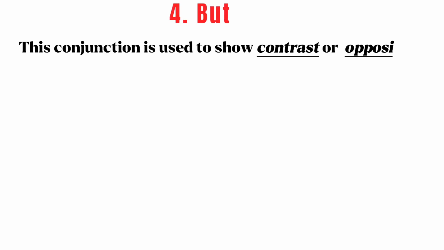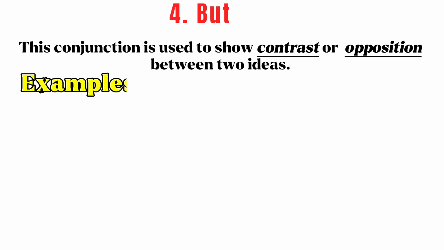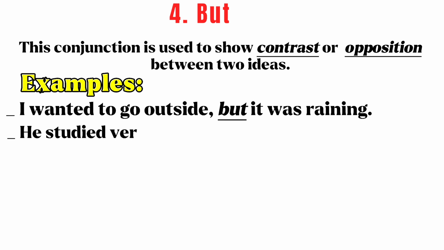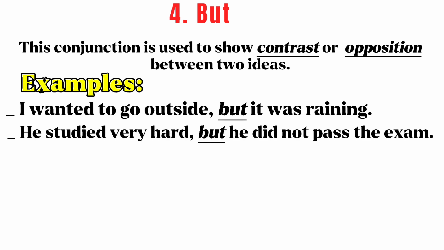The fourth is but. This conjunction is used to show contrast or opposition between ideas. Examples: I wanted to go outside, but it was raining. He studied very hard, but he did not pass the exam.